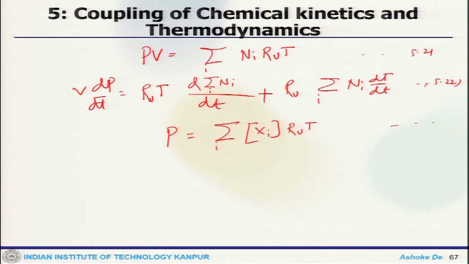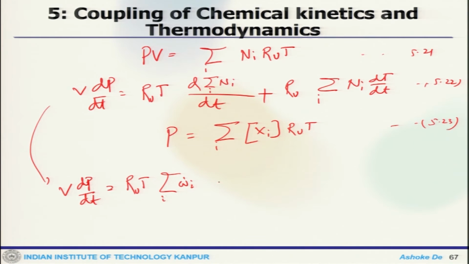So, that is the total pressure of the system. So, from here we get V dP by dt, RUT omega dot I plus RU summation I xi dT by dt.